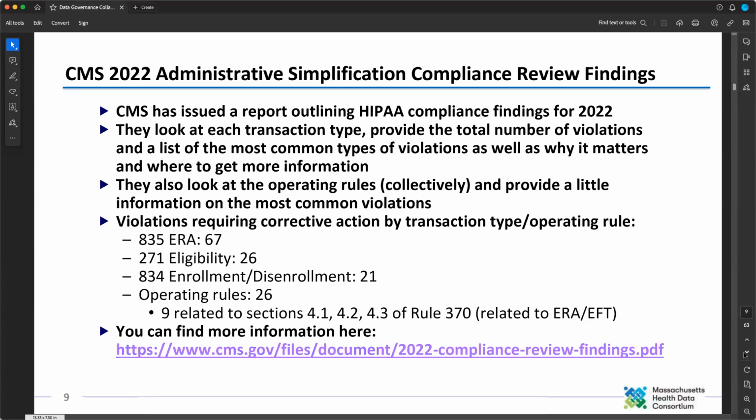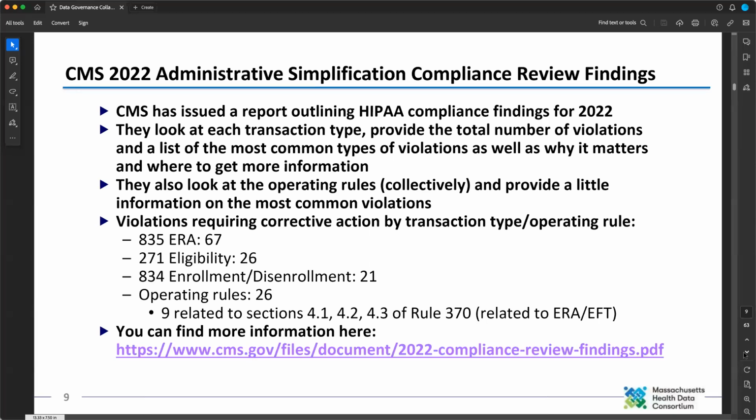So this was also interesting. CMS released its 2022 Administrative Simplification Compliance Review findings. So this is basically who is out of compliance with the requirements for X12 transactions and using CAQH CORE operating rules. And what they did was they took a look at different specific transaction types, and then they looked at the operating rules together collectively.